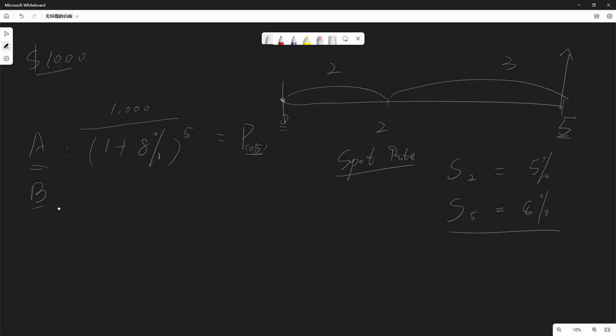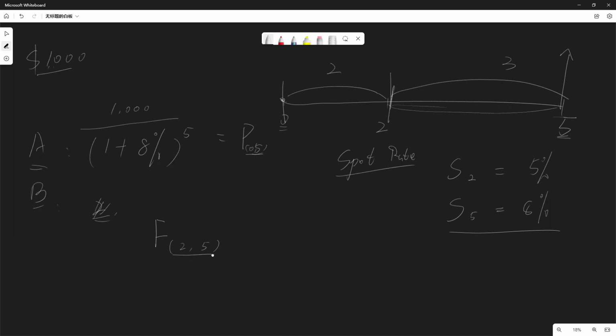B will enter into a more complex contract, in which they wait a little bit longer. They wait for 2 years because they enter into a forward contract, and they buy the bond then and hold it for 3 years and receive the payout. So essentially, you're going to calculate the forward price at time 2, ending at time 5.